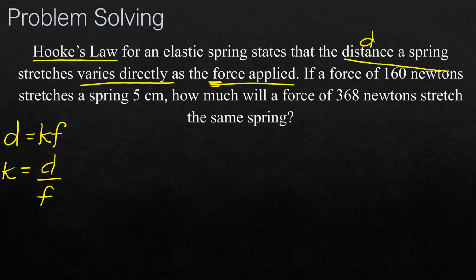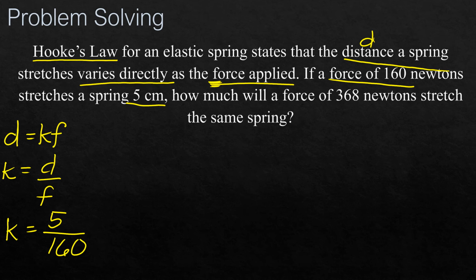Next, kukuhanin na natin yung constant, where yung unang distance natin ay 5 centimeters, and then the force is 160 newtons. So, we have here 5 centimeters over 160 newtons.